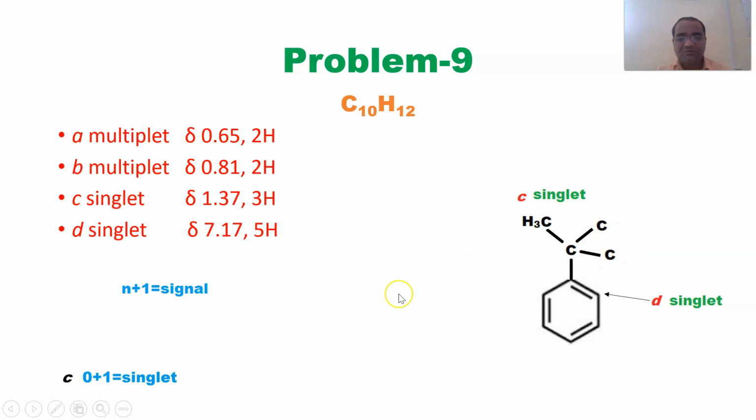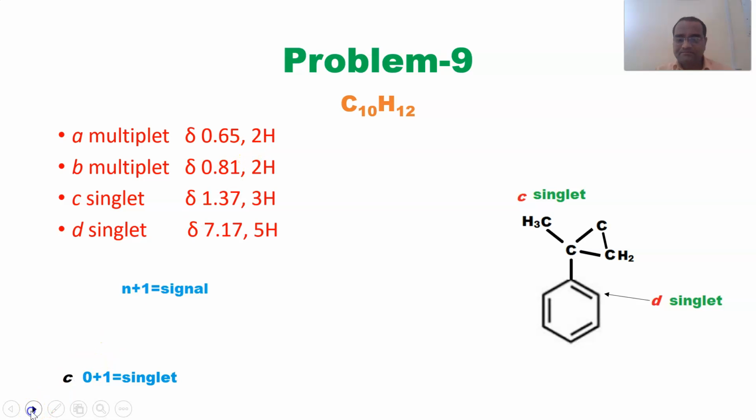So you need to use this kind of logic. You need to draw and rub the structures again and again to come to a final structure. So I have placed a bond in between. So let's see what happens. Now here are 2 signals actually.